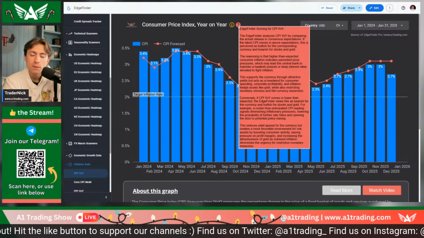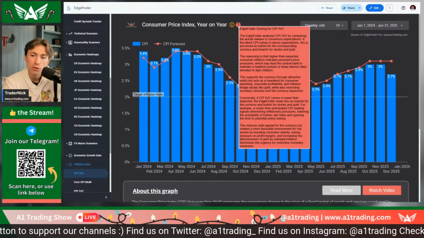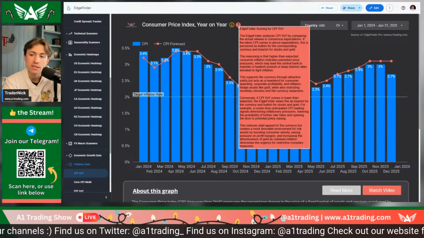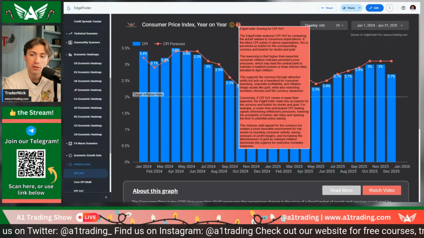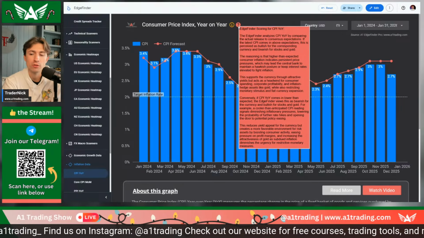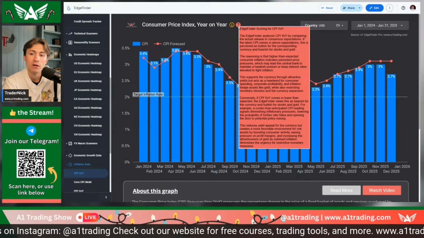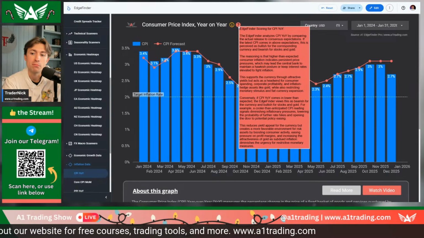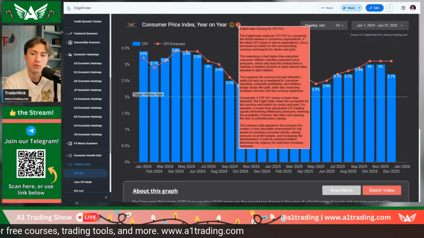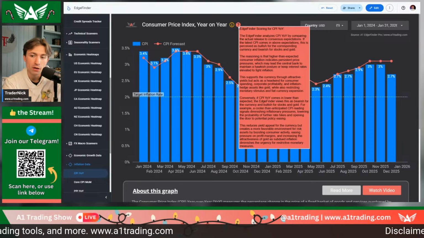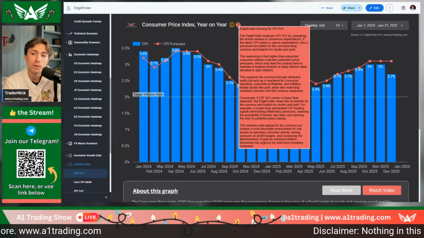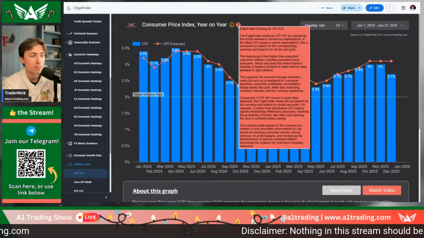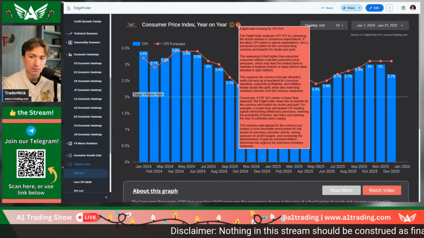Conversely, if CPI year over year comes in lower than expected, the Edge Finder views this as bearish for the underlying currency and bullish for stocks and gold. For example, a cooler than anticipated CPI reading signals diminishing inflationary pressures, lowering the probability of further rate hikes and opening the door to potential monetary policy easing.